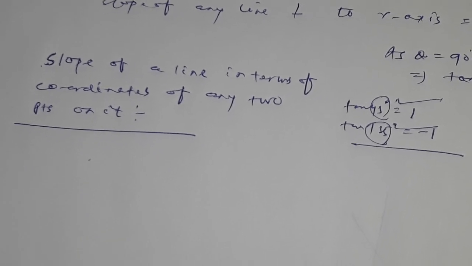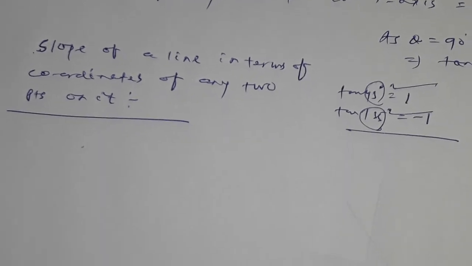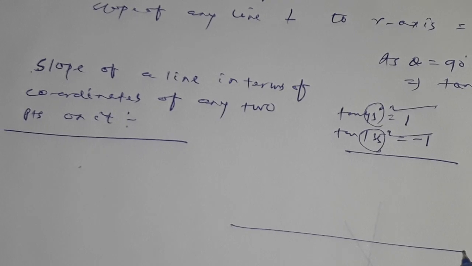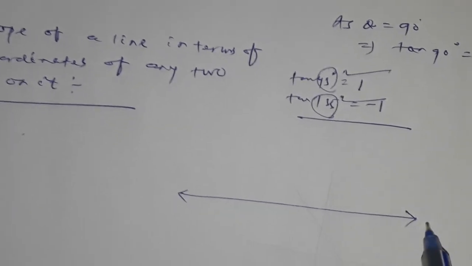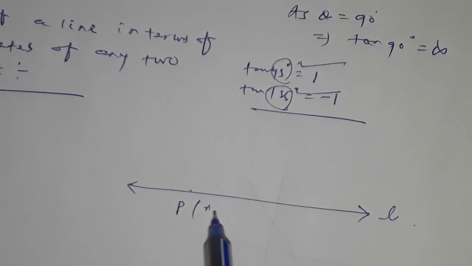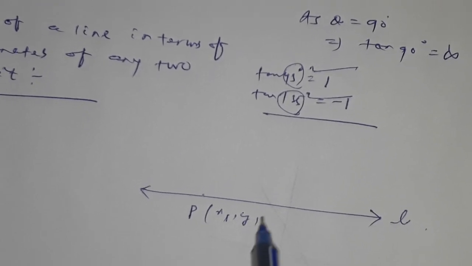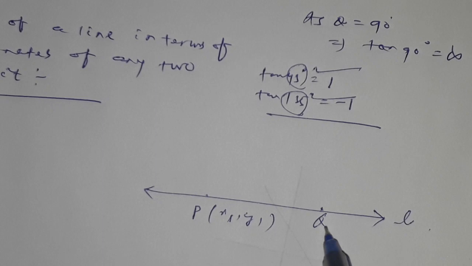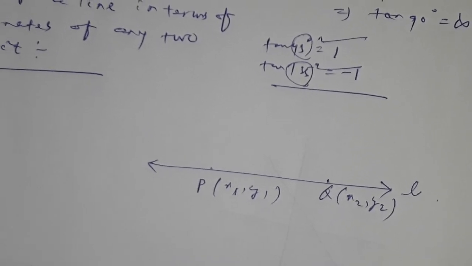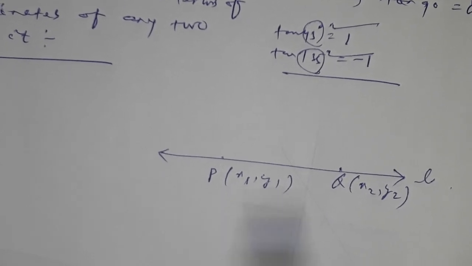Let P of x1, y1 and Q of x2, y2 be 2 points on the line L.